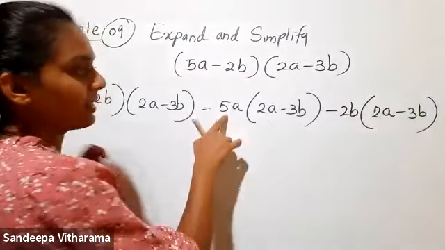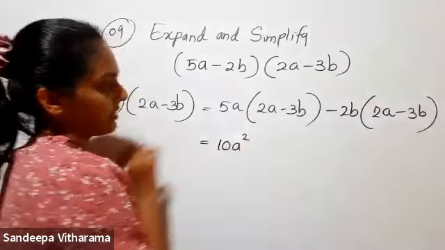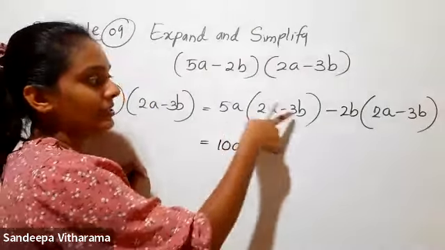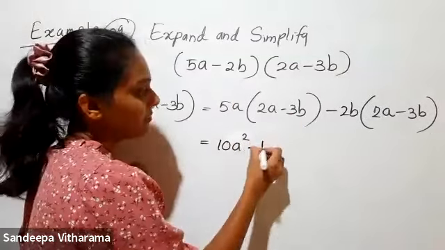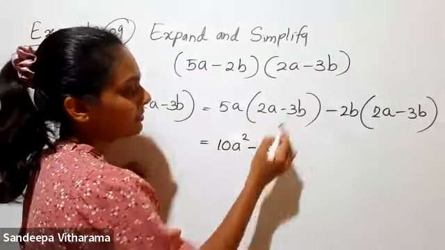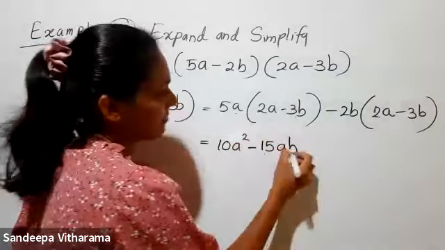Then 5a into 2a is 10a squared. 5a into minus 3b is minus 15ab, because 5 into 3 is 15, and a into b is ab.